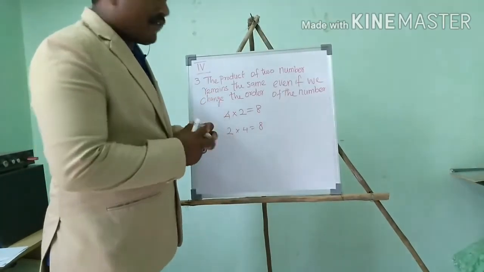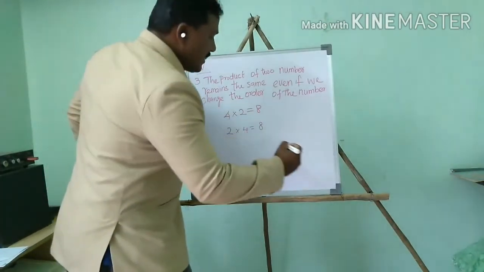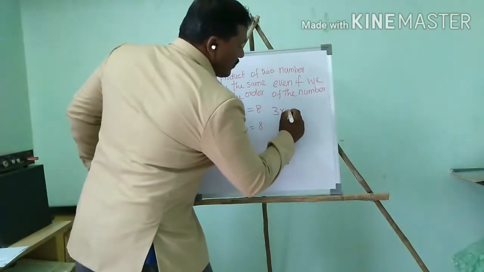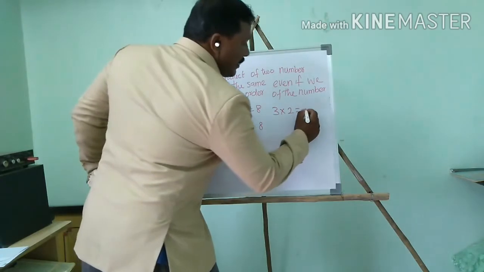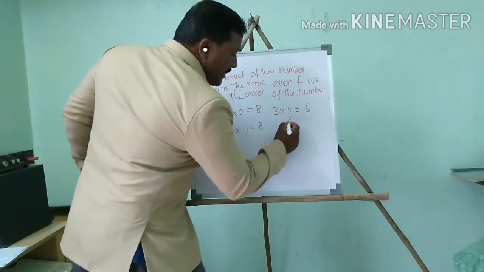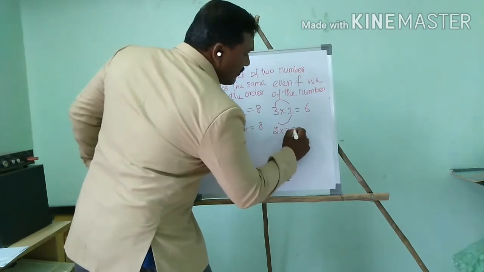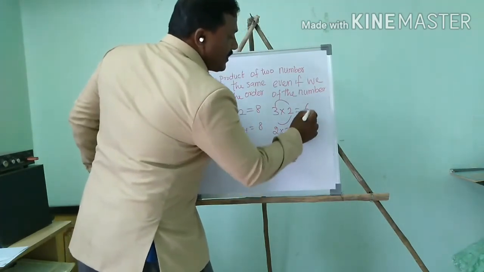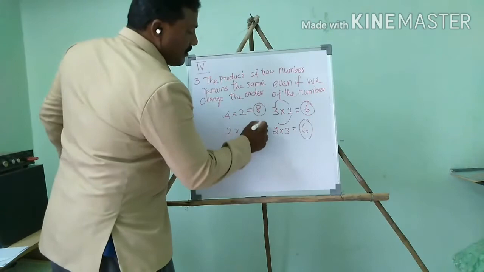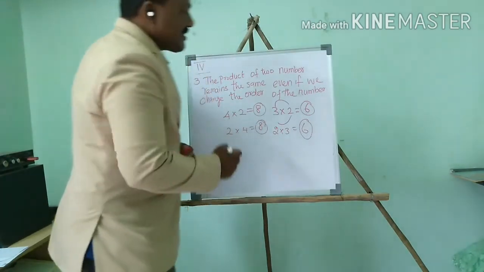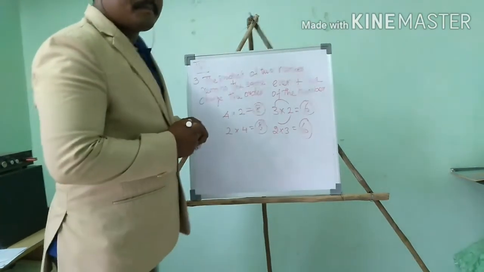For example, 3 into 2, 3 2s are 6. If I change the order, 2 3s are 6. So the product is the same.